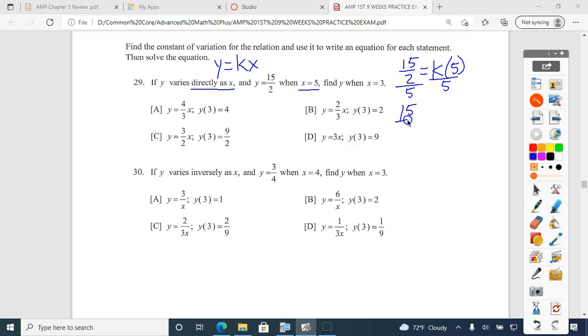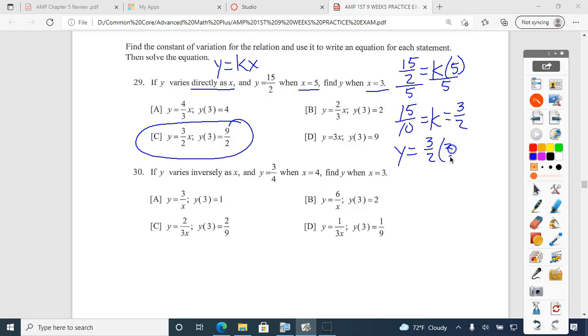So that'll be 15 over 10 is k, which reduces to 3 over 2. So my k is 3 over 2. Really, I can stop right now. I know my answer is going to be C. You can go ahead and plug it in if you want to. Y equals k, 3 over 2 times x, which is 3. That does equal 9 over 2, which is what we got.